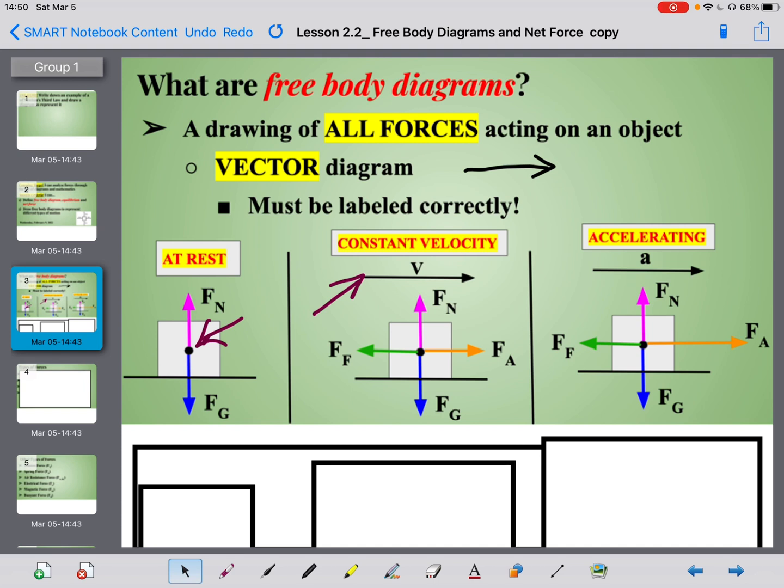So we do not have any force in the vertical direction, but what's different is that the force of friction and the force applied are no longer the same length. As we can tell, the force applied is clearly a lot longer than the force of friction, indicating that I can't cancel these out because I'm still going to have a little bit more of the force applied left, okay? And later in this lesson, we're going to talk about what that leftover value means.